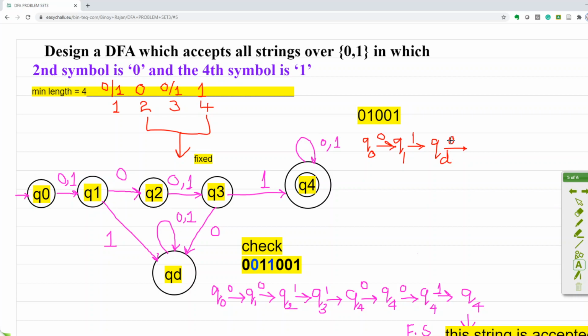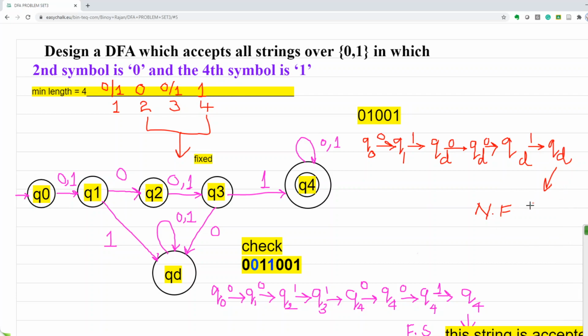So now I'll be in QD, I don't have any forward transition, so I'll remain in the dead state. QD with 0, I am in QD, QD with 0 again, I am in QD, and QD with 1, I am still in QD. QD is a non-final state, so this string will not be accepted.